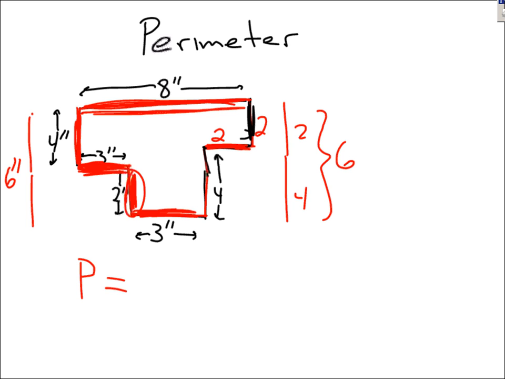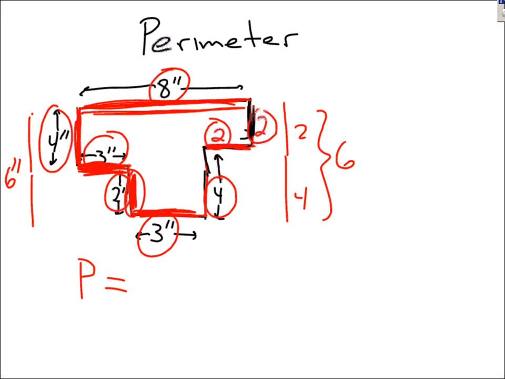I just add up the numbers. 4 plus 3 plus 2 plus 3 plus 4 plus 2 plus 2 plus 8. Did you have to start with this 4? No. Did you have to go counterclockwise? No. Did you have to add up all the numbers one time? Yes.